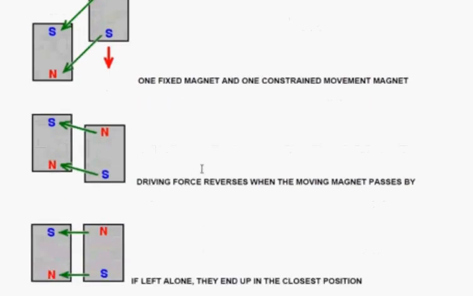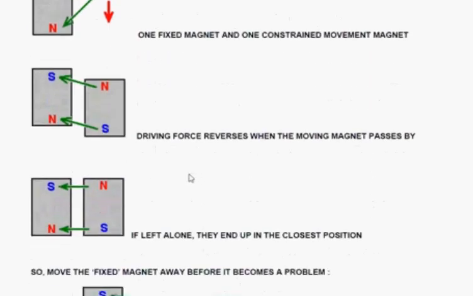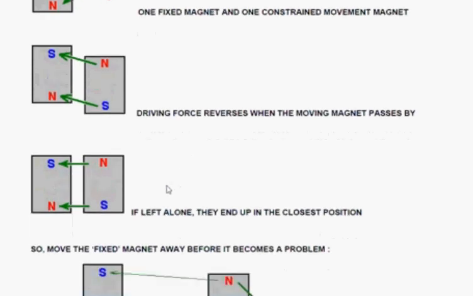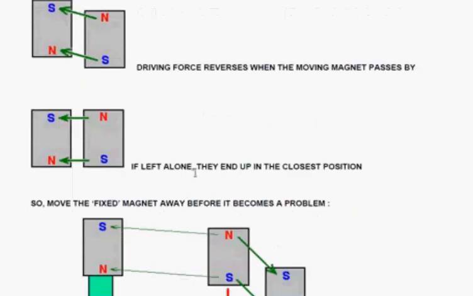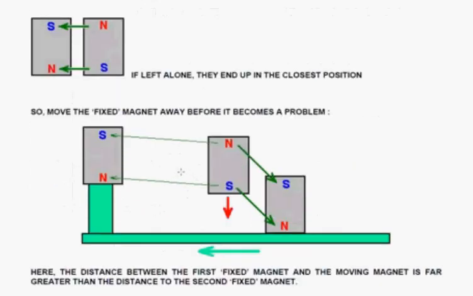Now, what happens if you leave it be is that the moving magnet goes past the fixed magnet, and the forces that have been pushing it forward reverse. And if you leave it be, the magnet will end up as close as it can get to the fixed magnet in its closest position, which everybody knows, but it's no use to most people. But what we can do is move the fixed magnet away before its presence becomes a problem.